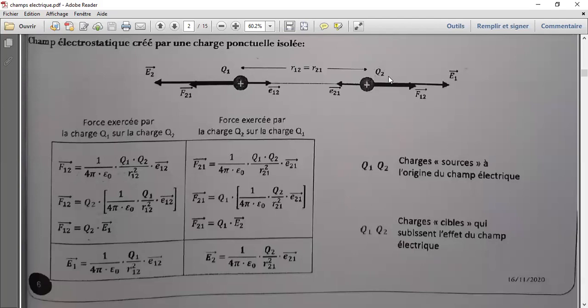E1 shows that this champ electric was created by Q1. E2 shows that it was created by Q2.